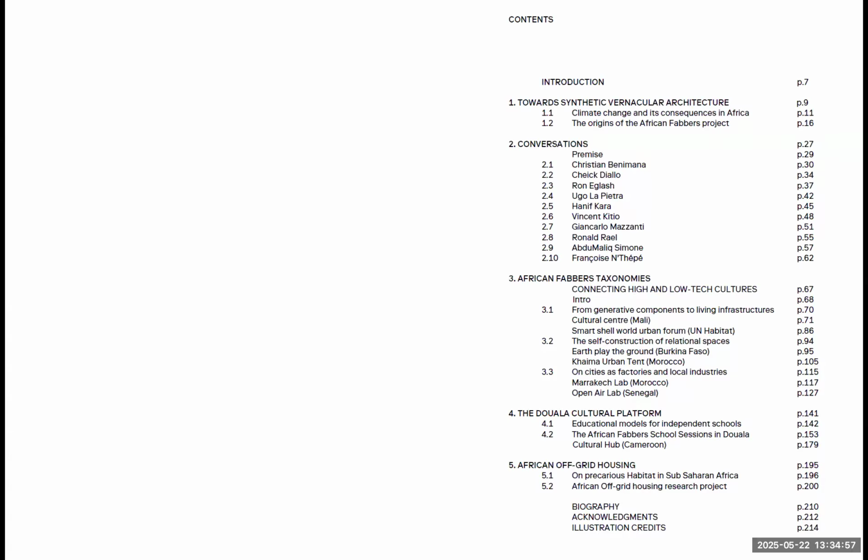devices, open systems, open architecture, living infrastructure that change over time, sometimes generated by very simple components available on site and within a sort of local industry or local economy approach. Another one is the self-construction of relational space.